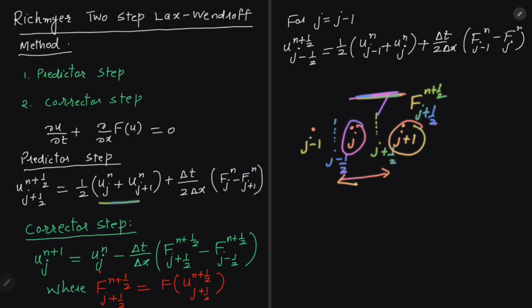Similarly, when we have f n plus 1/2 j minus 1/2, then we need the values of j and j minus 1, and the flux will be from j and j minus 1. Okay, that's what we have over here.